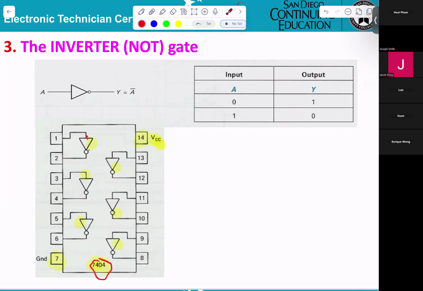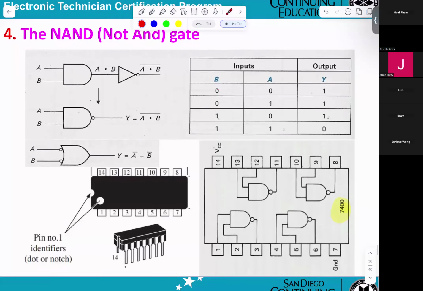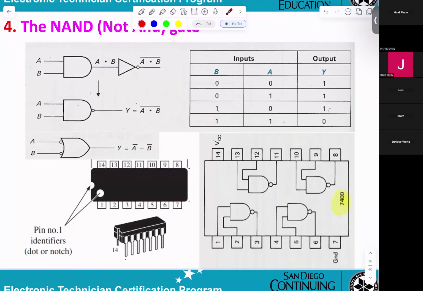And basically an inverter. That means if input 0, output 1. Input 1, output 0. Okay? That's easy. That means the NAND. Okay? I want to stop at this point.